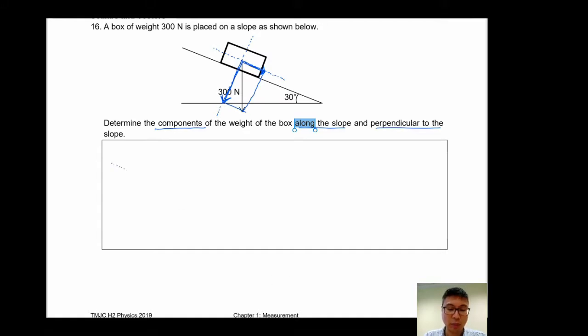And this will be part of the final answer. I encourage you to draw a diagram in your answer because the diagram will be used as part of your answer. Now draw a dotted box. This is the component of the weight along the slope, and this is the component of the weight perpendicular to the slope.